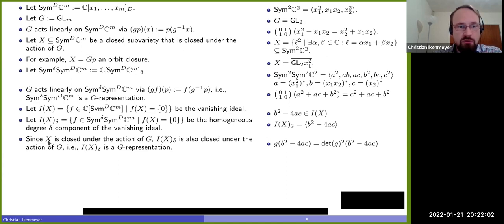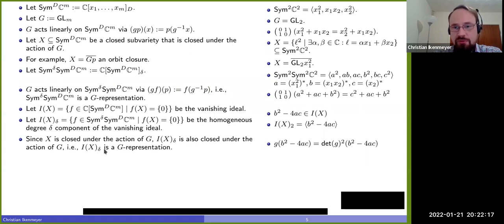And now your X is closed under the action of the group. This also makes your vanishing ideal homogeneous component closed under this group action, and therefore it's a G representation.